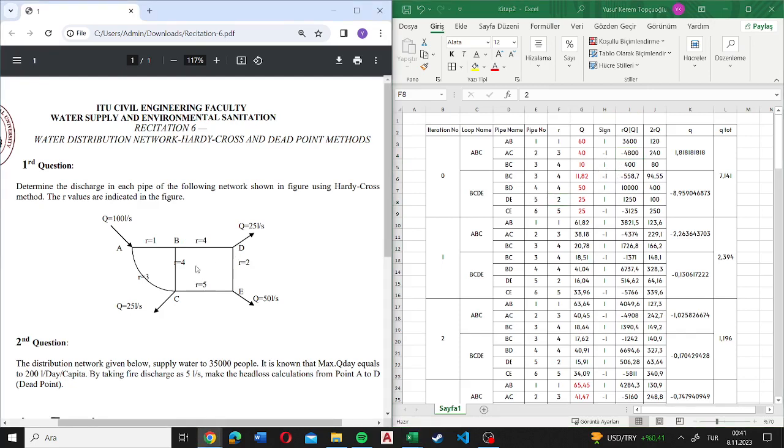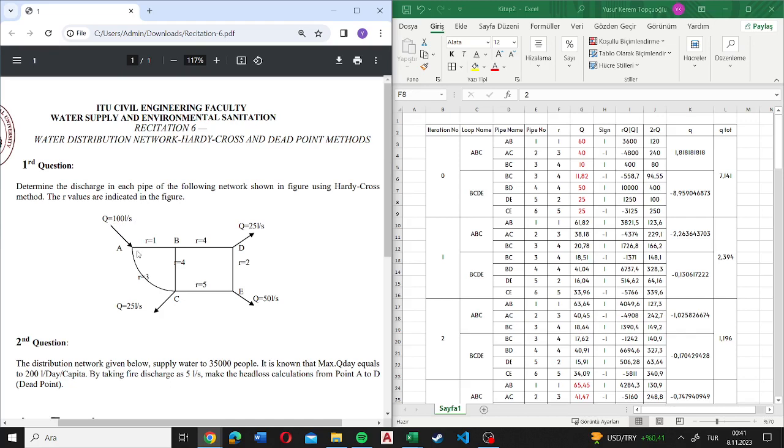Before that, we made the assumption like this. Let me describe it. The 100 liter per second discharge value is coming from outside the system.